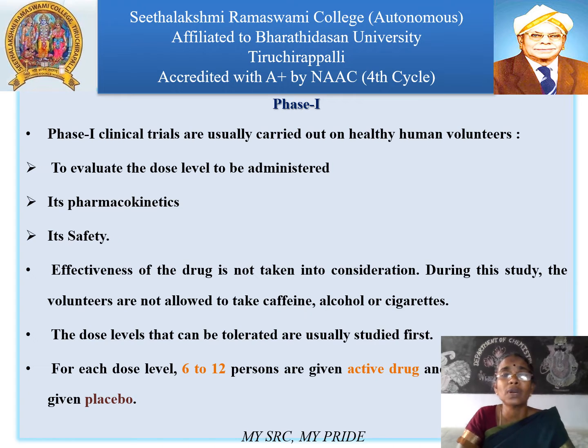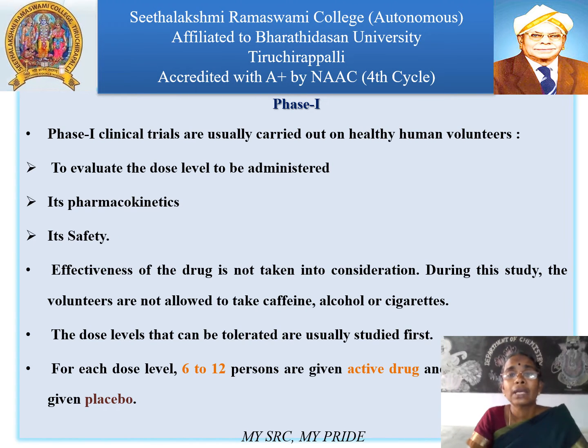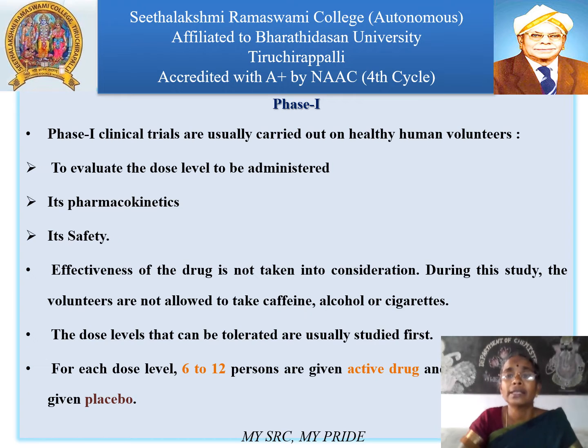In the first phase, phase 1, clinical trials are usually carried out on healthy human volunteers in order to evaluate the dose levels to be administered for each disease and its pharmacokinetics, which means what is the effect of the environment inside the stomach and how the drugs are changed at different pH levels inside the stomach, along with its safety. These things we have to measure in order to find a new drug.